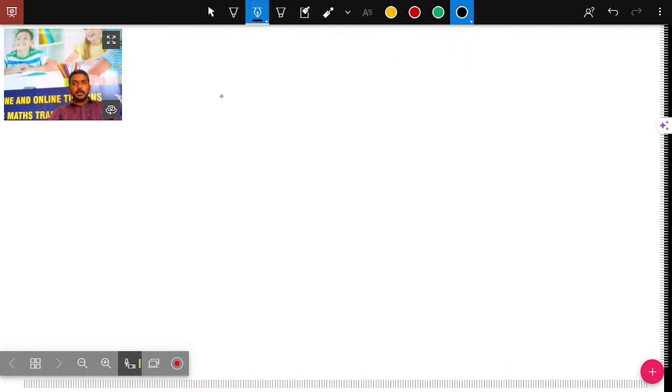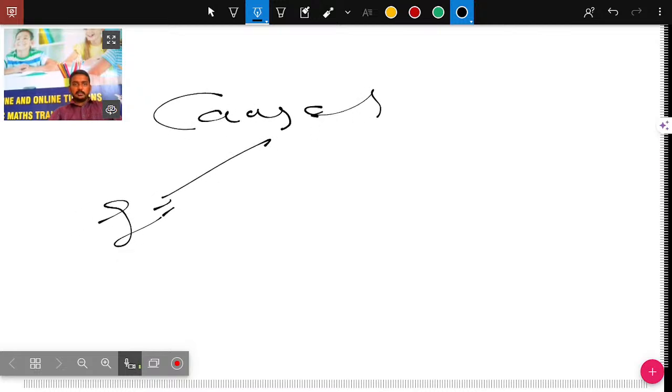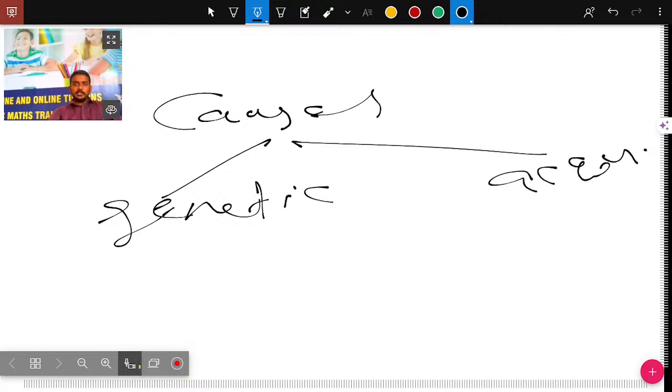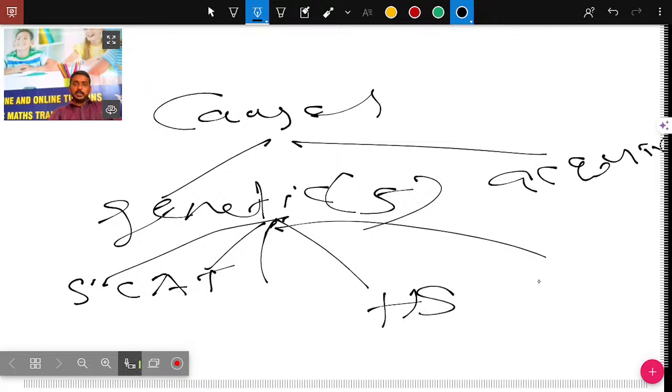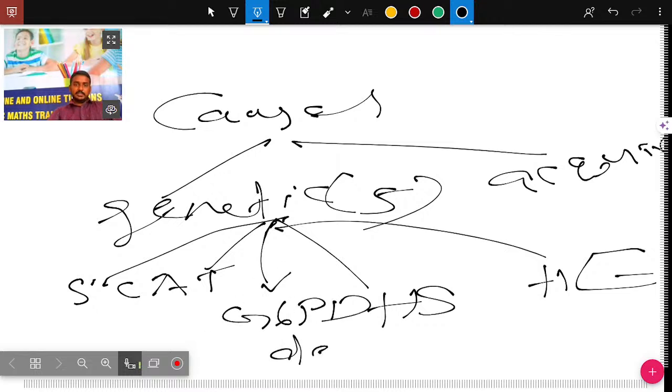So we were talking about the causes, genetic and acquired, and for genetic we talked about the five causes: sickle cell anemia, thalassemia, hereditary spherocytosis, hereditary elliptocytosis, and G6PD deficiency.